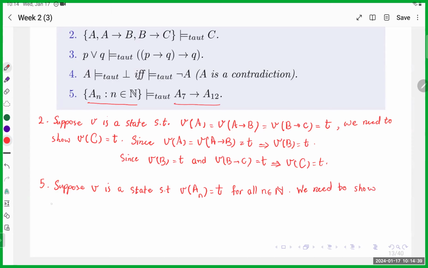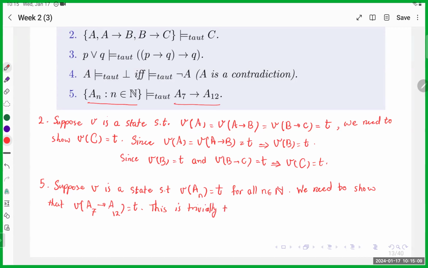Now we need to show that V of A7 implies A12 is true. But this is trivially true because V of A12 is true. It's in fact true implies true, right?